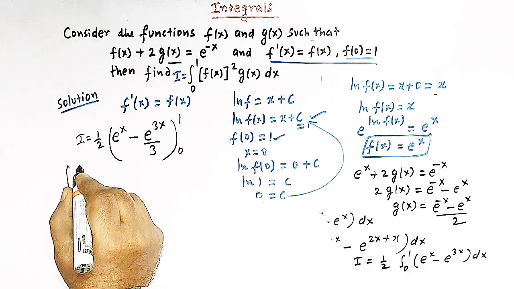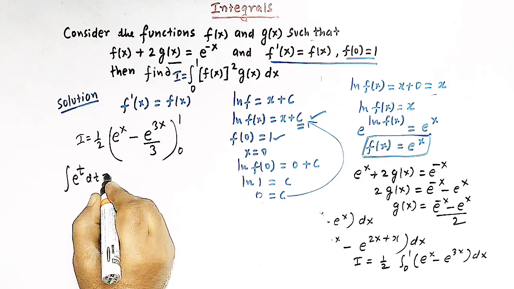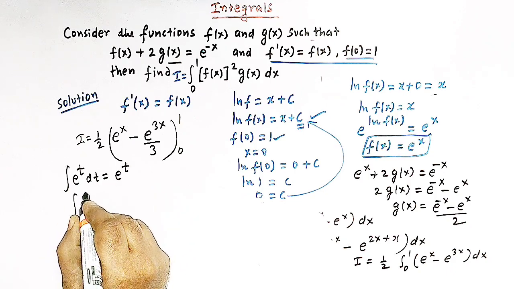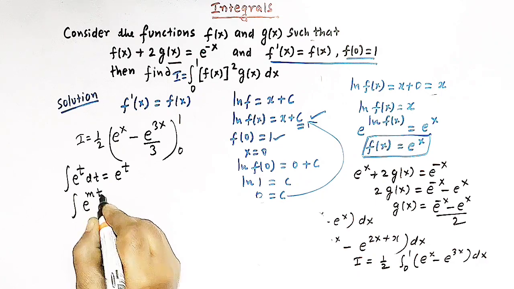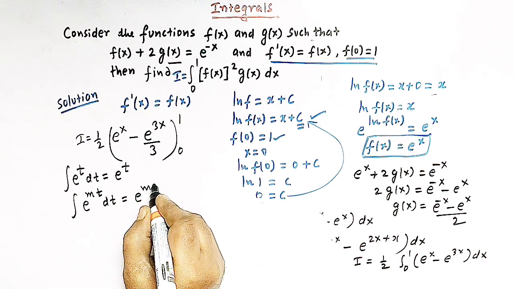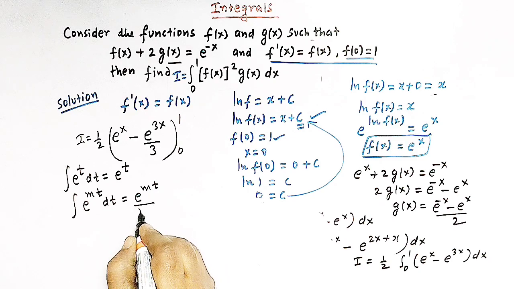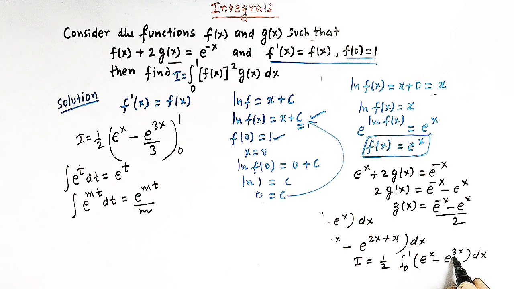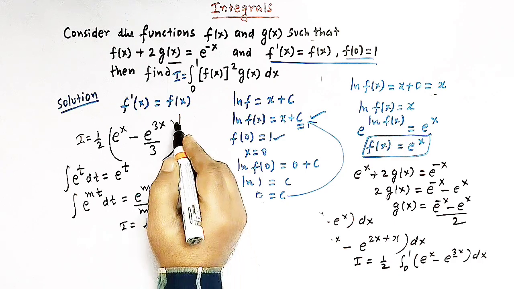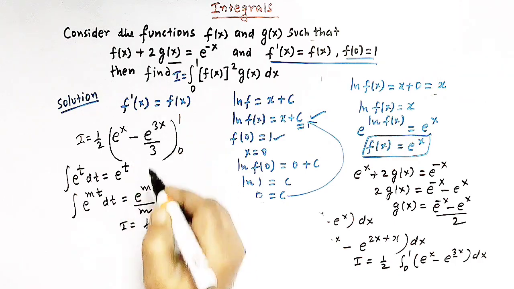The integral of e raised to t dt is equal to e raised to t, and the integral of e raised to m times t dt is equal to e raised to m times t divided by m. So here the value of m is 3, right? Okay, so now we can substitute the limits and we'll take the difference.